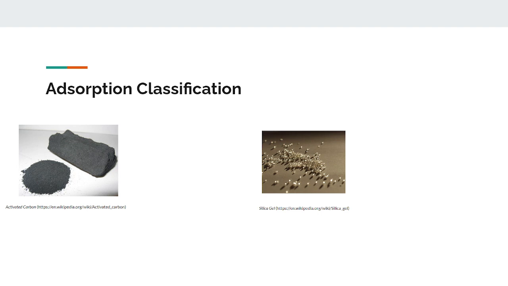It's a very porous form of carbon with a large surface area, which makes it highly effective at adsorbing a wide range of organic compounds, gases, and impurities from both the liquid and gas phases.